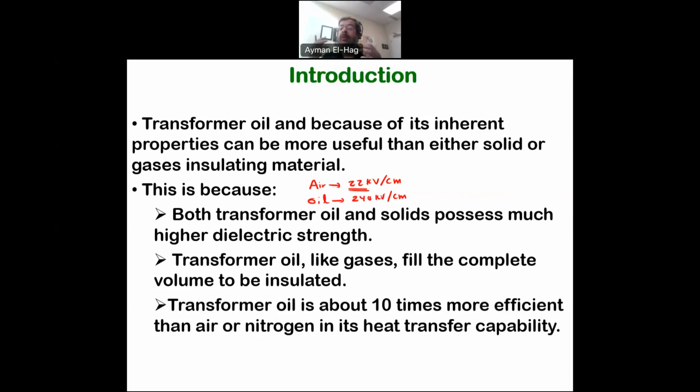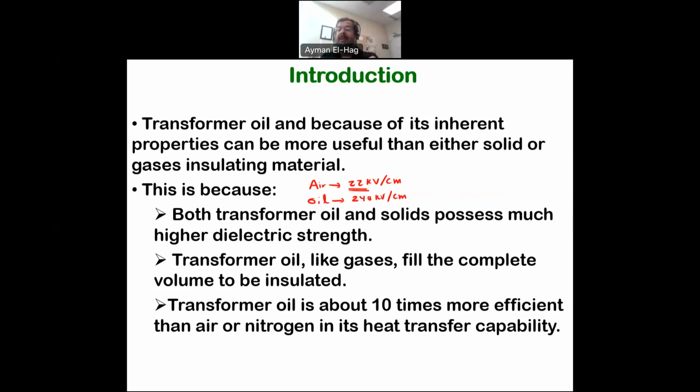Also, compared to both the gases and the solid, the oil has much higher heat transfer capability. And why is this important? For example, when we talk about a transformer, there is a current in the winding and there will be I square R losses. There are losses in the core. So these losses in the winding and the core are heat, and this will increase the temperature of the transformer, especially the transformer paper.